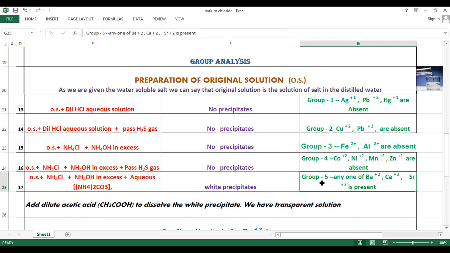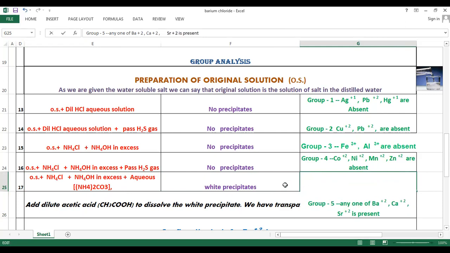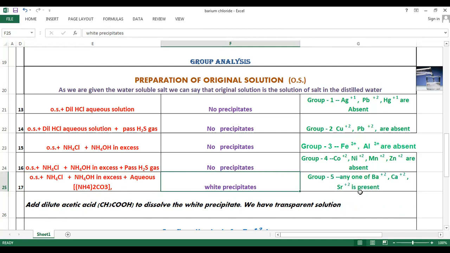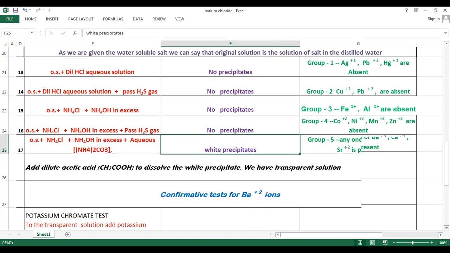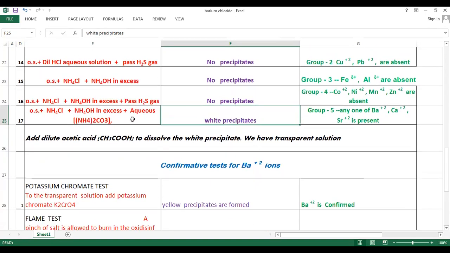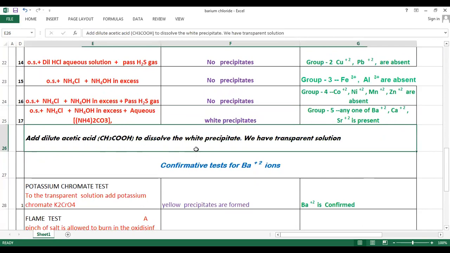That means Ba2+ may be present, or Ca2+ may be present, or Sr2+ may be present. So this is how, my dear students, you can conclude that group 5 is present. Any one of these may be present in the solution. Now, let us look at what we are going to do next.